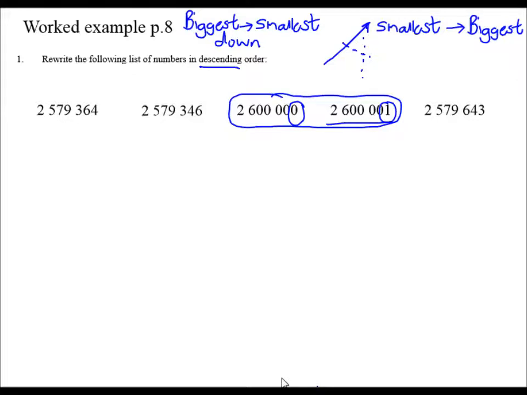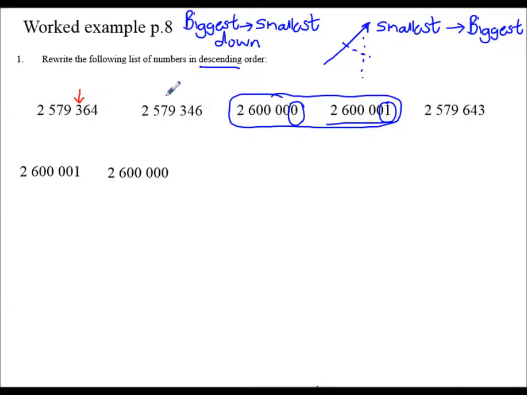So the first number in our list is going to be 2,600,001. Clearly the next number is the next biggest. Now I go back to my numbers and I have a look at what follows the 579,000.